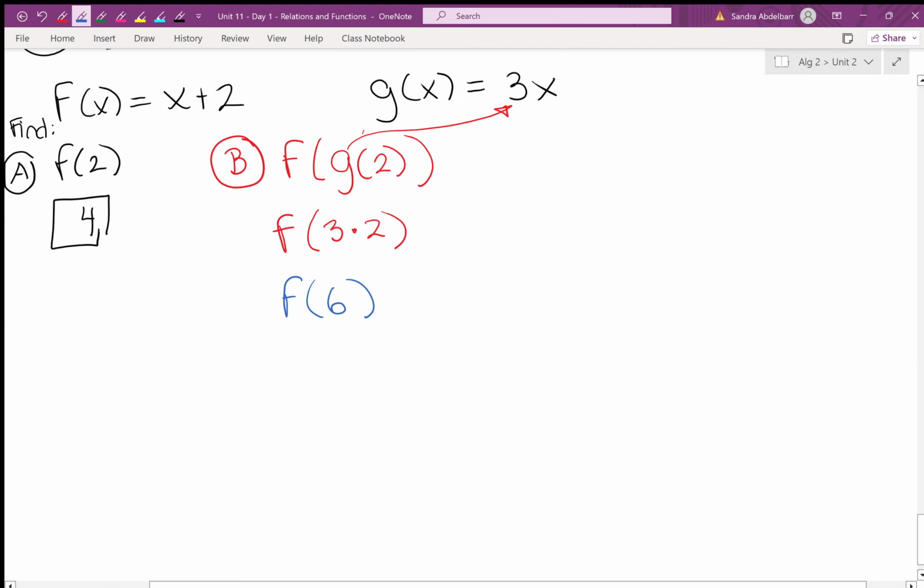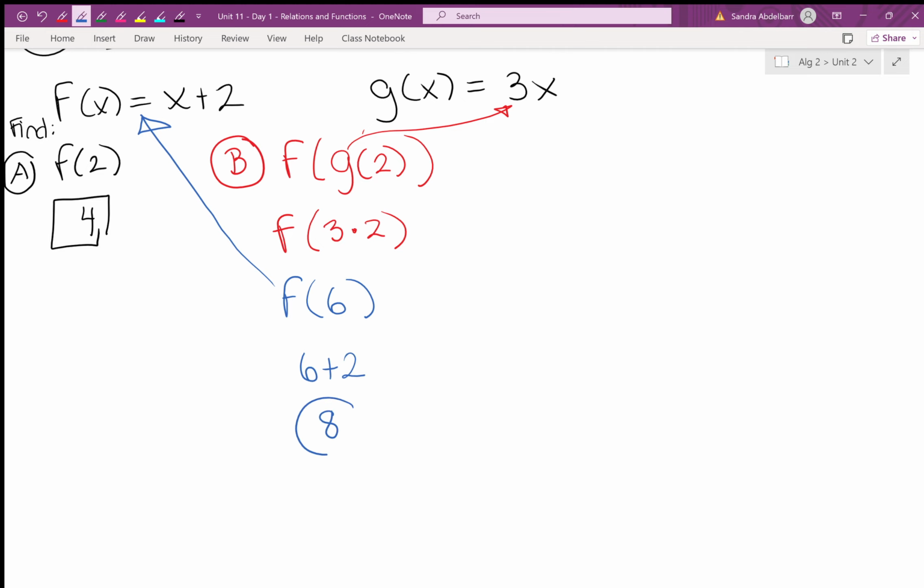What do I do now? Now I'm going to go to the f of x function. And anytime I see x, what am I going to do? Plug in a 6. So this is going to be 6 plus 2, which is 8. So f of g of 2 is 8.